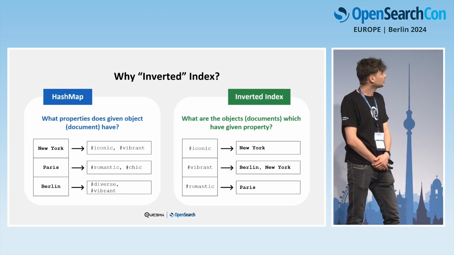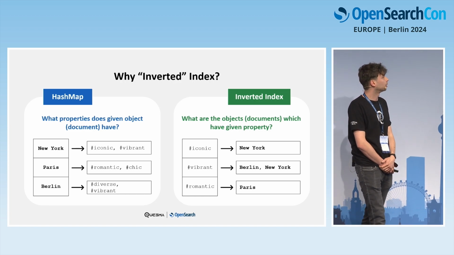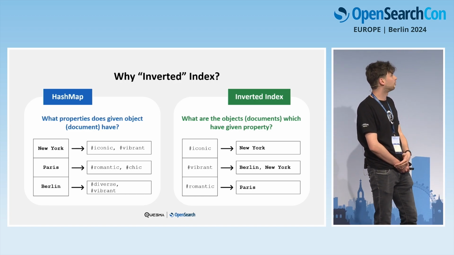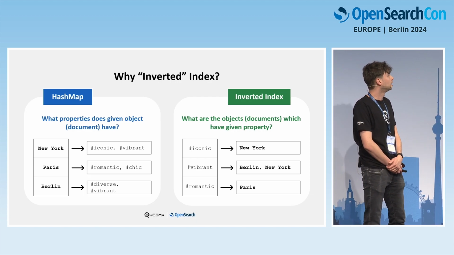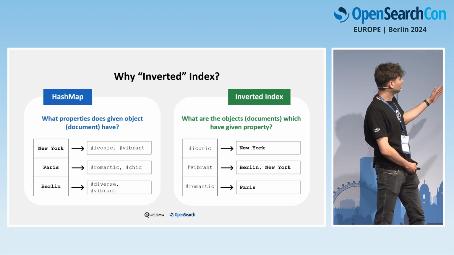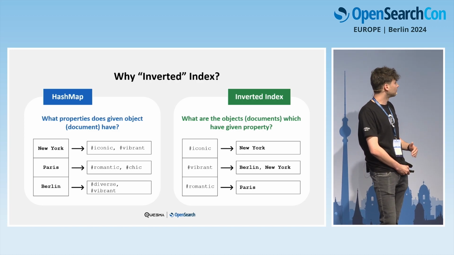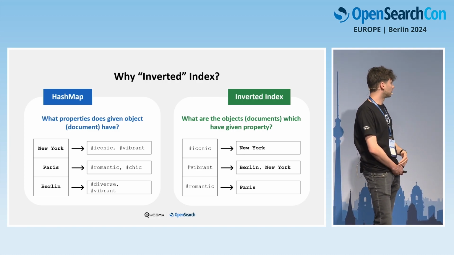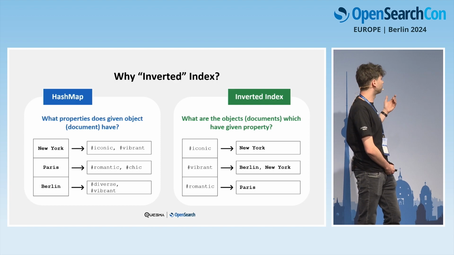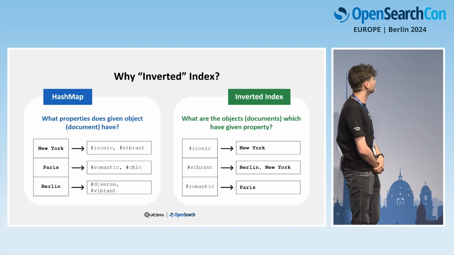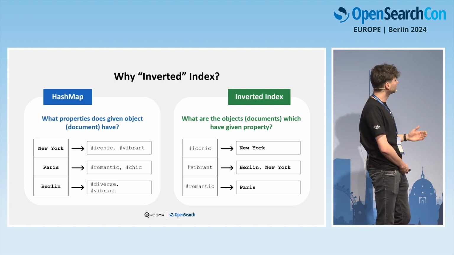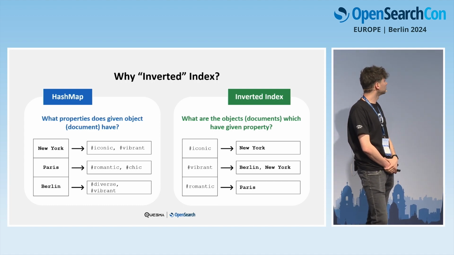So in typical forward indexing scenarios, you can think of any key value store or a hash map. In this example, we have a set of cities which we can very quickly access, like think of any list or an array. And the cities are linked to some of their properties.